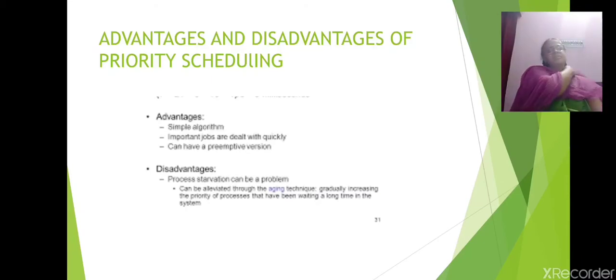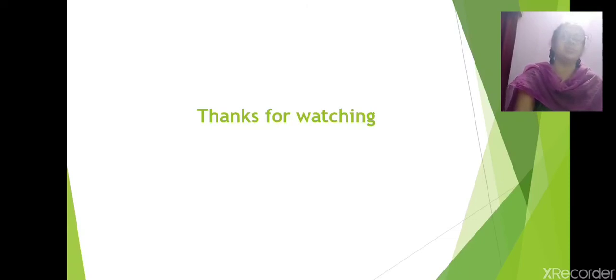However, the process starvation problem is removed with the help of aging. With aging, what we do is increase the priority of the process as its age increases, so that it gets higher priority and is allocated the CPU.